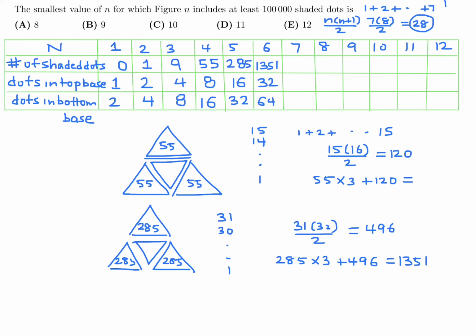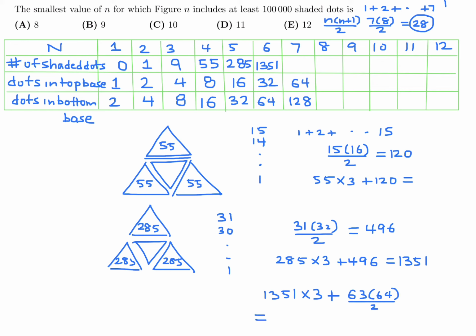So I think now I can just do the numbers, right? You don't need me to do this diagram. You get it by now. This is going to be 128, and therefore this would be 64. The next phase would be 1351 times 3 plus, the countdown begins this time at 63. So it would be 63 times 64 divided by 2.